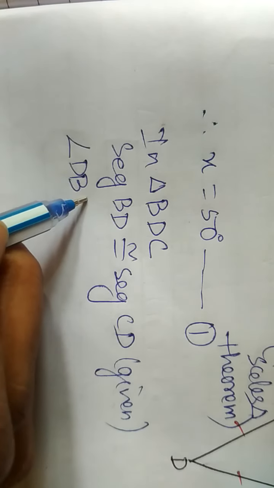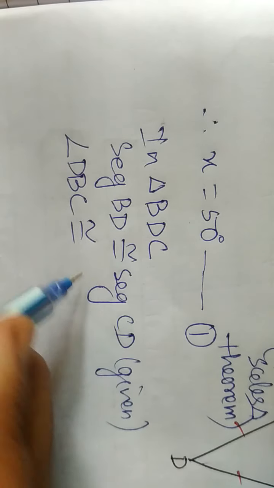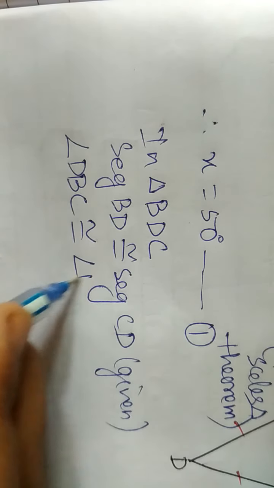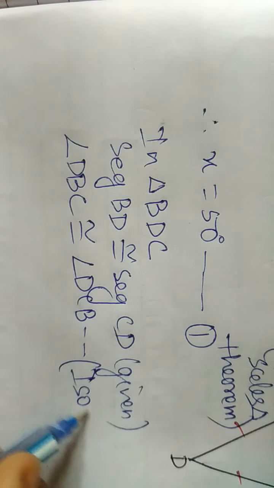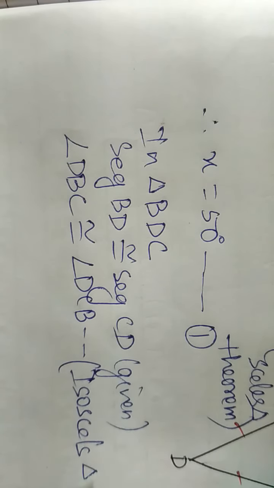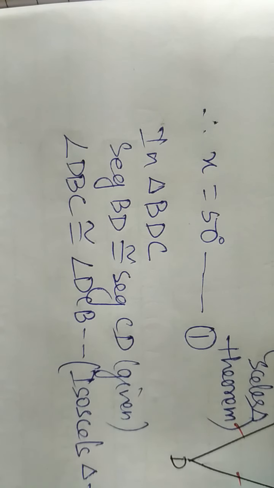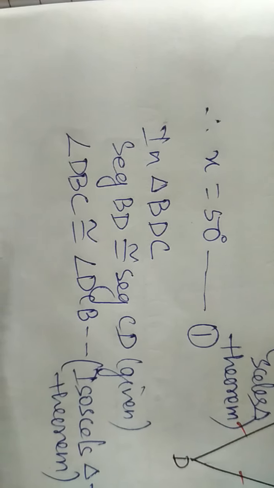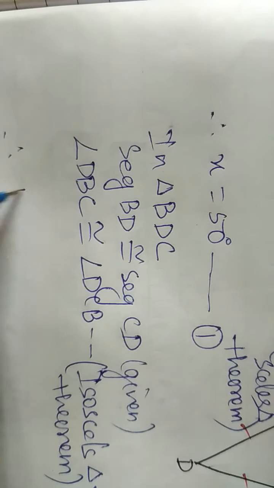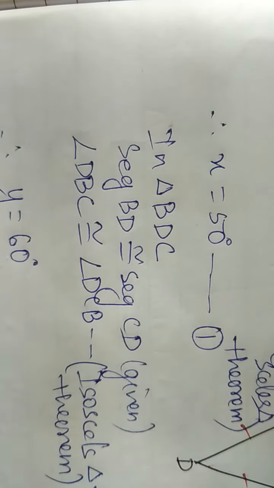That is again an isosceles triangle. That is, angle DBC is congruent to angle DCB, by the isosceles triangle theorem. Therefore y will also equal 60 degrees.